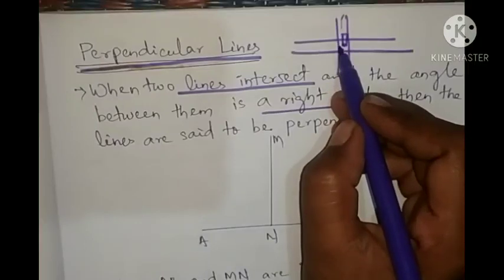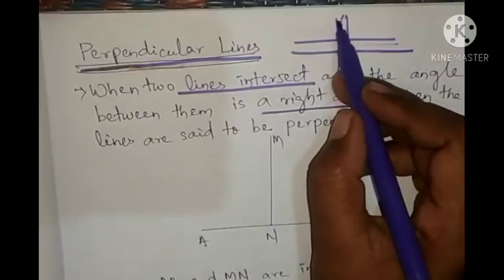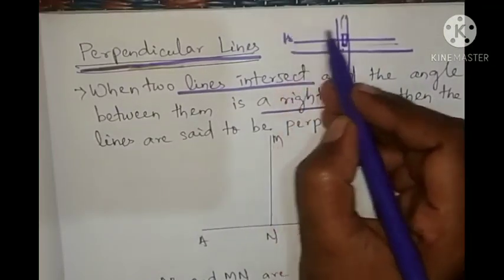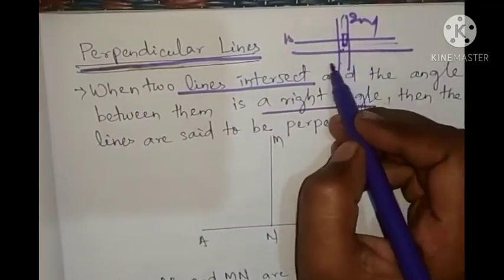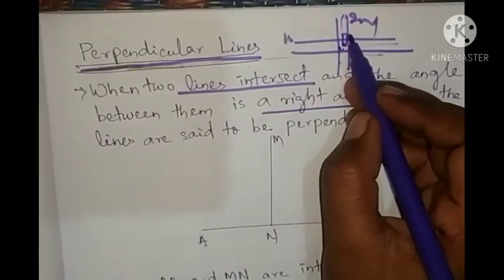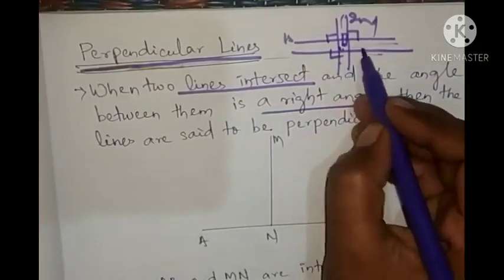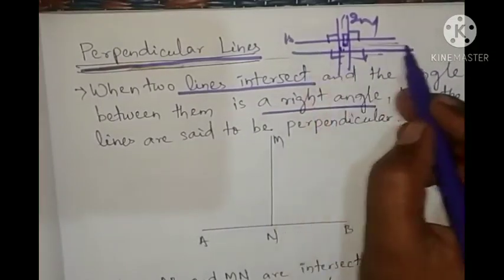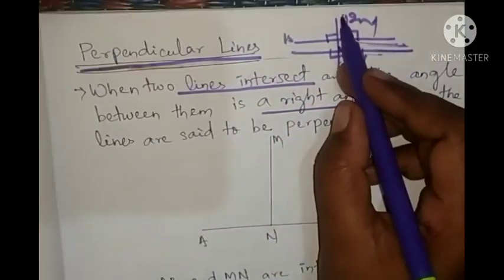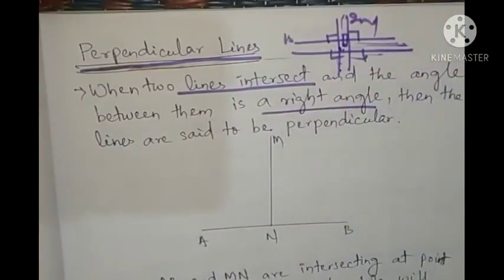Here you see this first road and second road, they are crossing together at one point, and they cross at 90 degrees. That is a right angle. That's why this first road is perpendicular to the second road, or the second road is perpendicular to the first road.